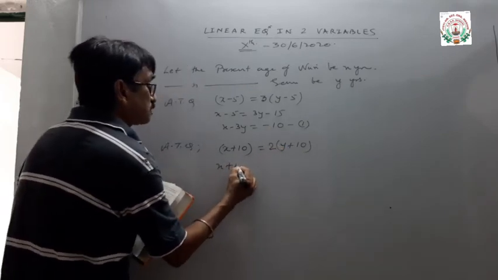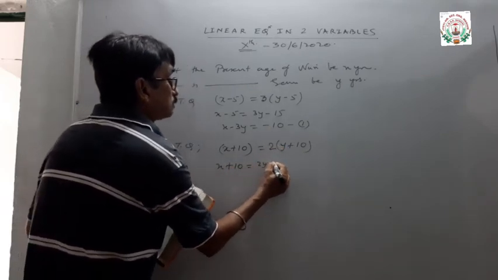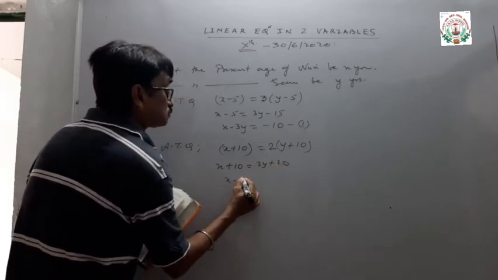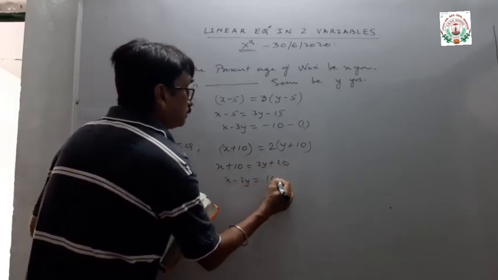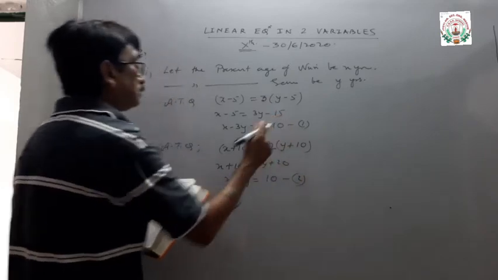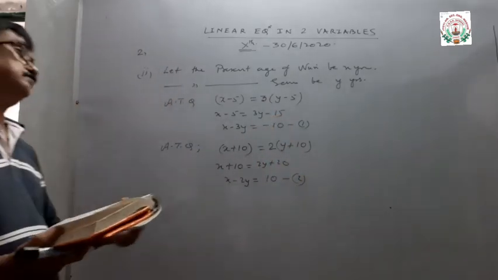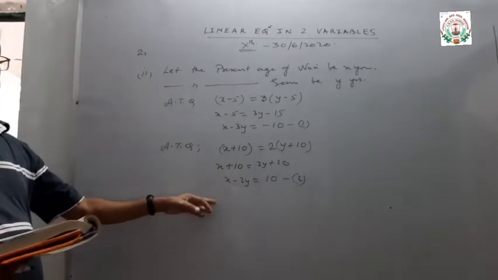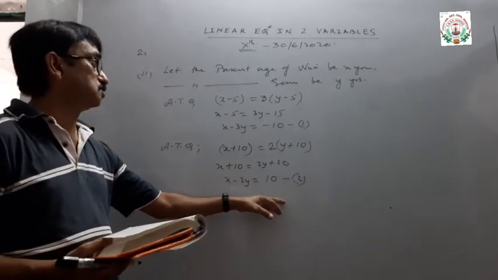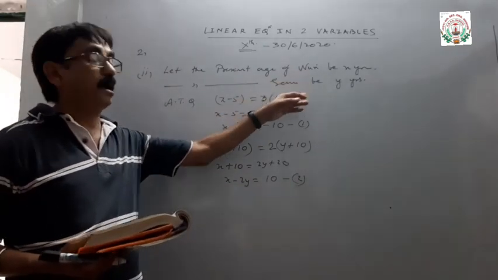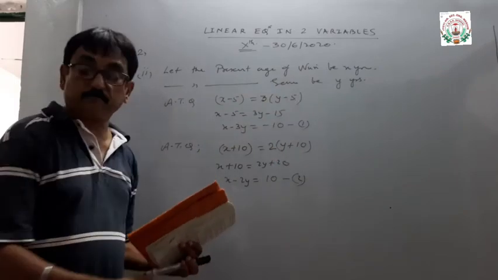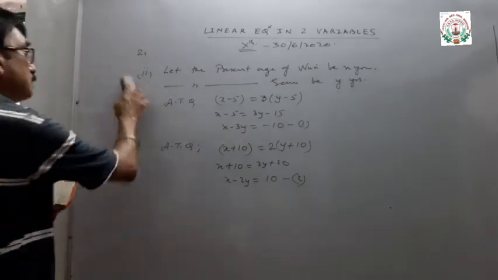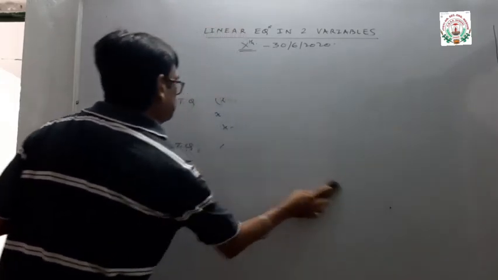So x plus 10 equals 2y plus 20, x minus 2y equals 10. So by the same method, you can solve these two equations and get the values of x and y, and that will be your answer for the present ages of Nouri and Sonu, and you have to do it. Now let's move to question number 3.